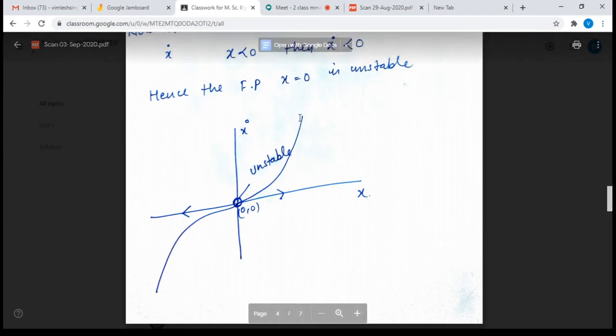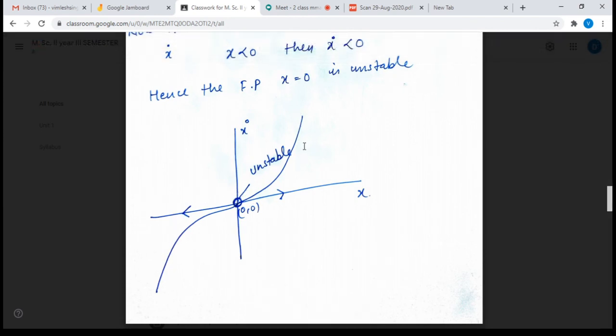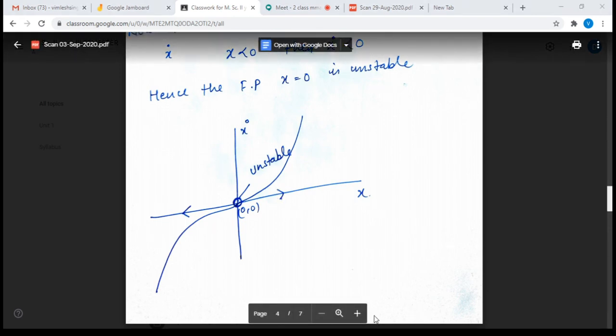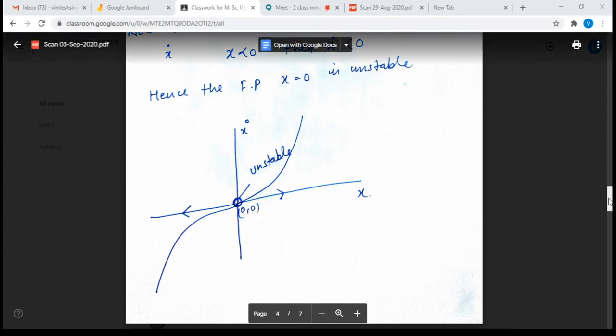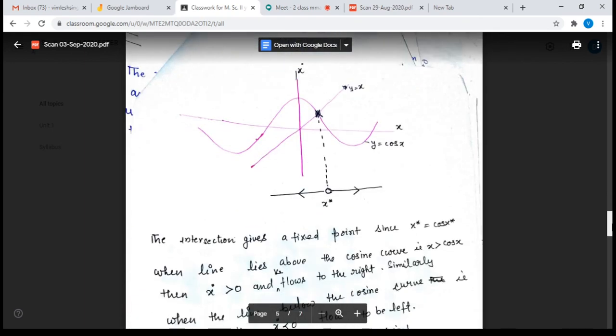The curve is like this. At x equals 0, on the positive side the velocity is positive and the arrow is to the right; on the negative side the velocity is negative and the arrow is to the left. Both arrows repel from each other. It means this given point is an unstable fixed point.